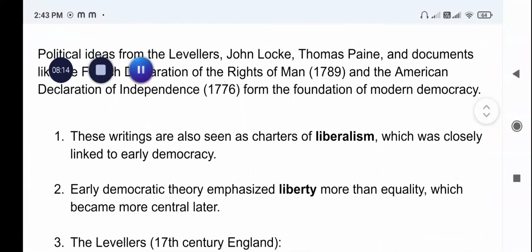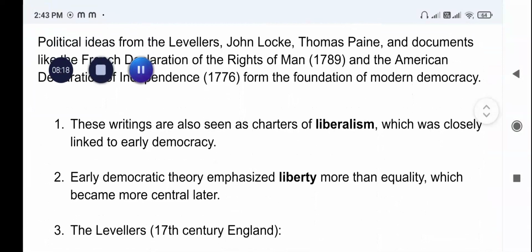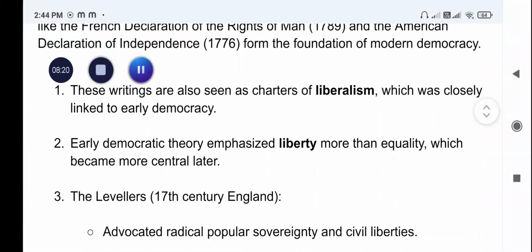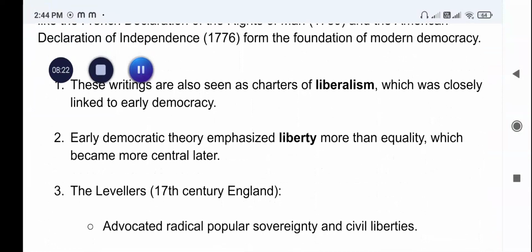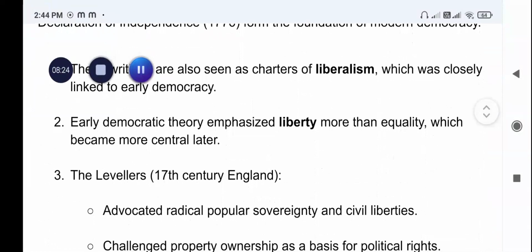These writings were also seen as charters of liberalism, which was closely linked to early democracy. Early democratic theory emphasized liberty more than equality, which became more central later.